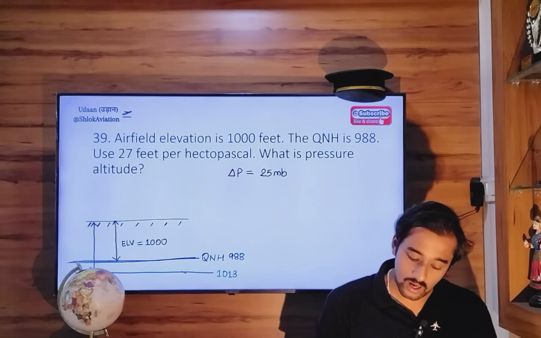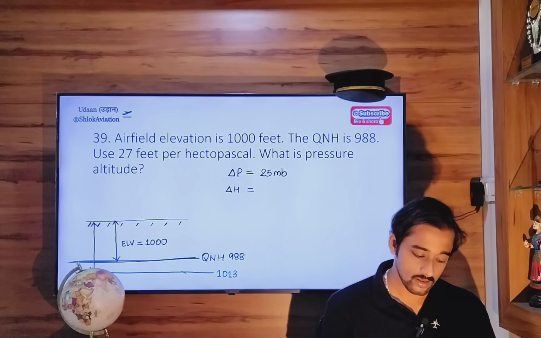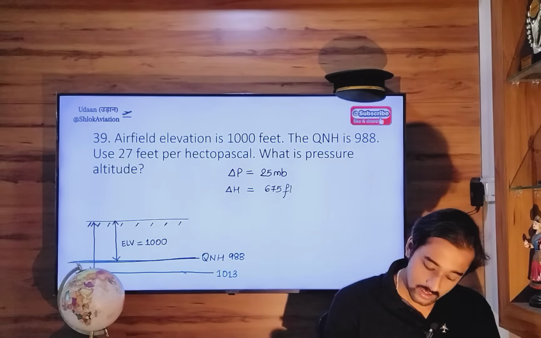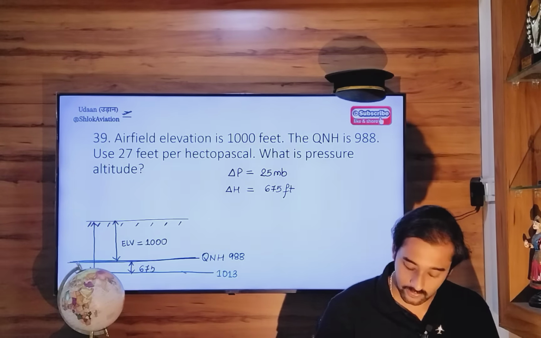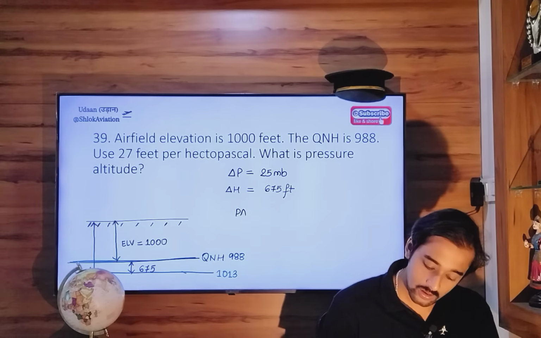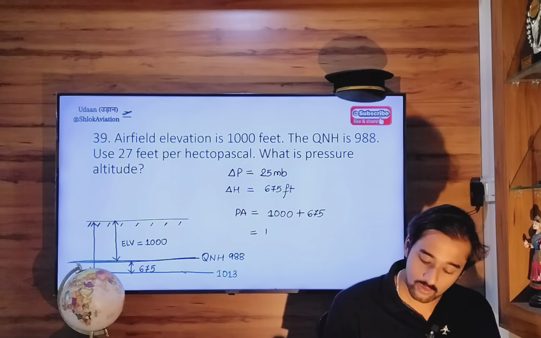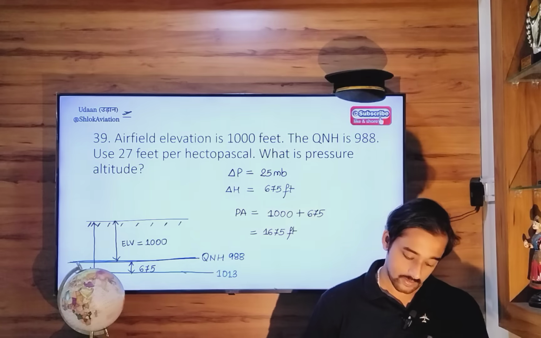That is equal to a height difference of 25 into 27, 675 feet. So therefore, pressure altitude will be equal to 1000 plus 675, which is equal to 1675 feet. Okay, the entire measurement, the full measurement.